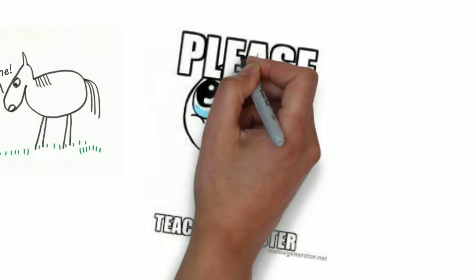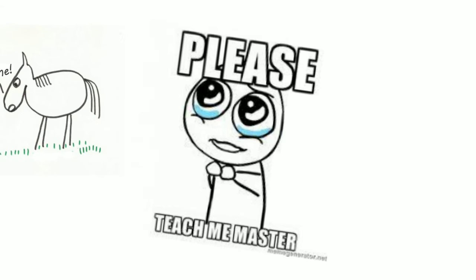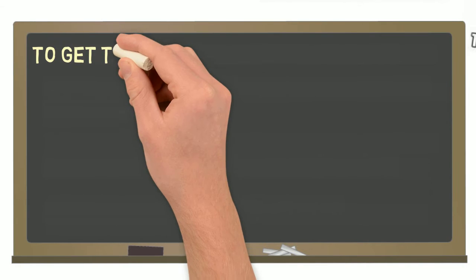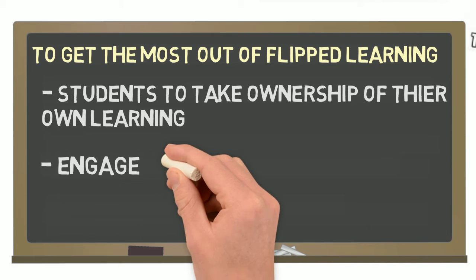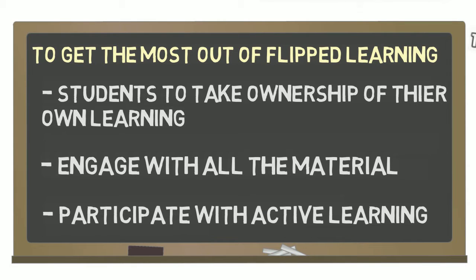We must teach them. We must tell them what to learn, and how to fix things when it goes wrong. The flipped classroom requires that from the outset, students must take ownership of their own learning. They need to engage with the video and the supporting material, as well as participate in the active learning to get the most out of this approach.